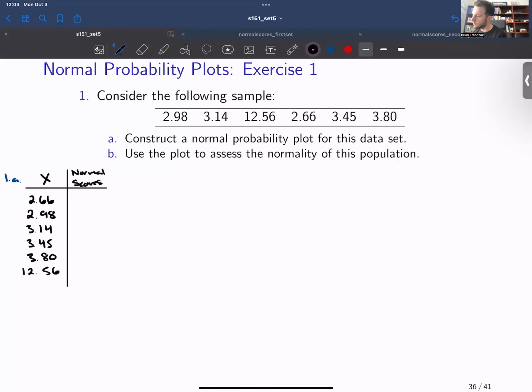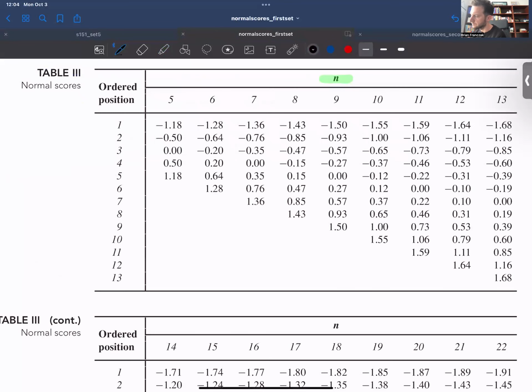Now, in our particular problem, we have 1, 2, 3, 4, 5, 6 values. So this means that little n is equal to 6. So we go back to our table.